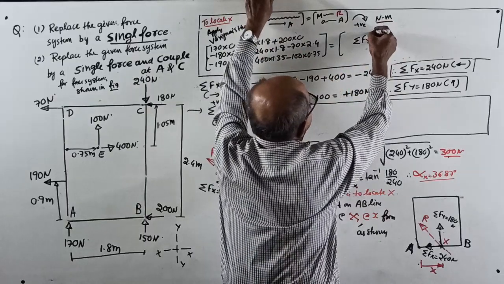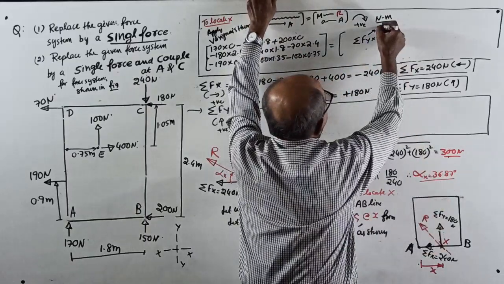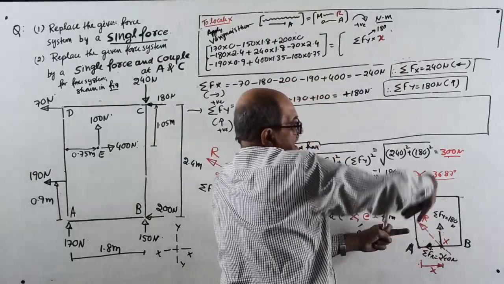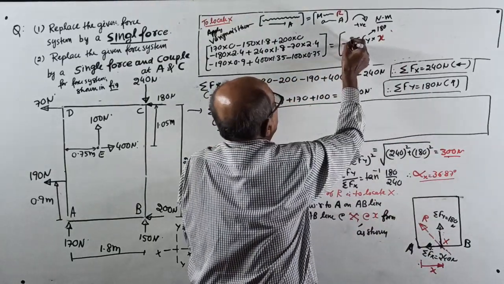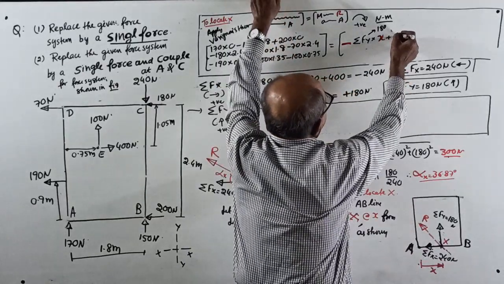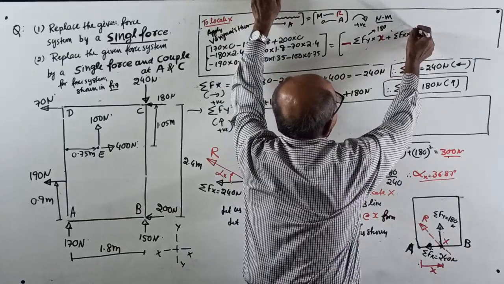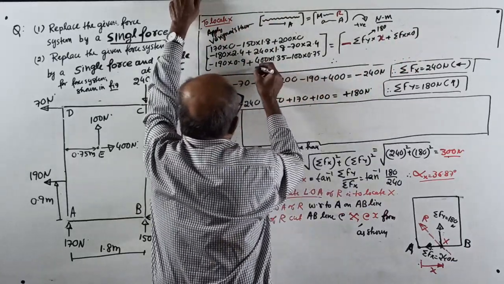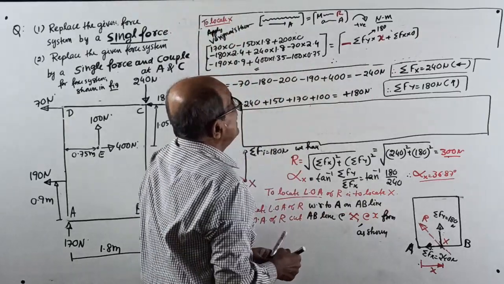Sigma Fy equal to how much? Sigma Fy equal to 180. But remember, sigma Fy into x is anti-clockwise, very important, minus sigma Fx into 0, not required, unwanted. Over.